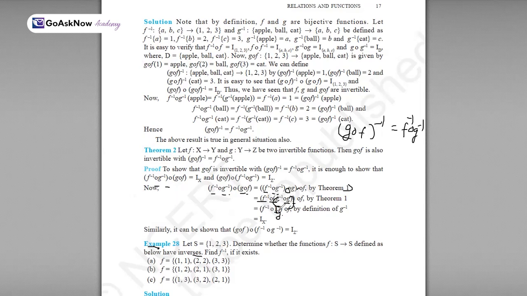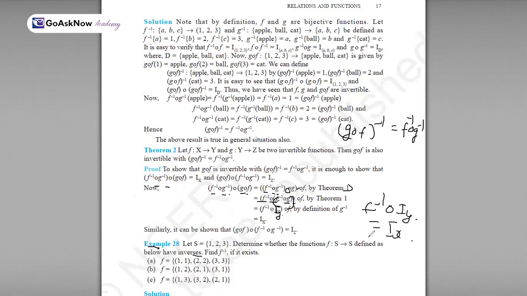So f inverse o I_Y o f by definition of g inverse will come as I_X, because f inverse o f is I_X. So you can similarly show that (g o f) o (f inverse o g inverse) is equal to I_Z.